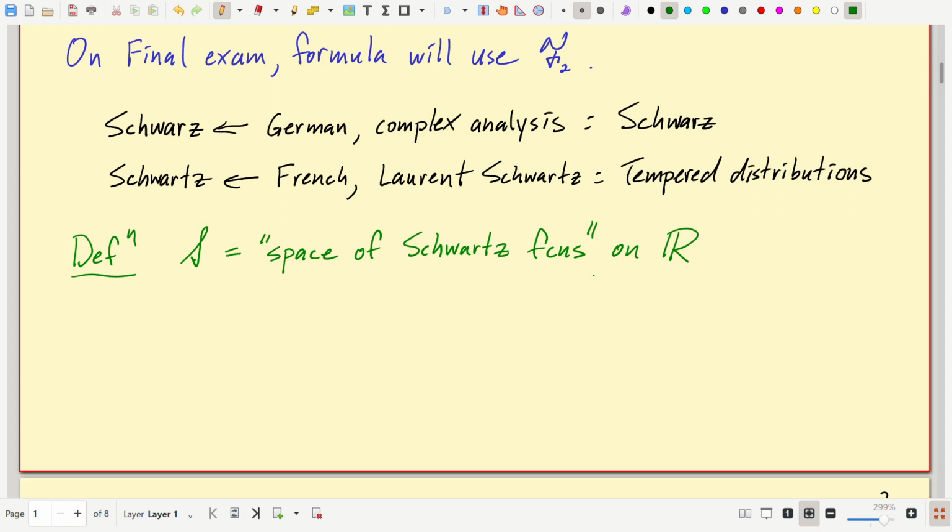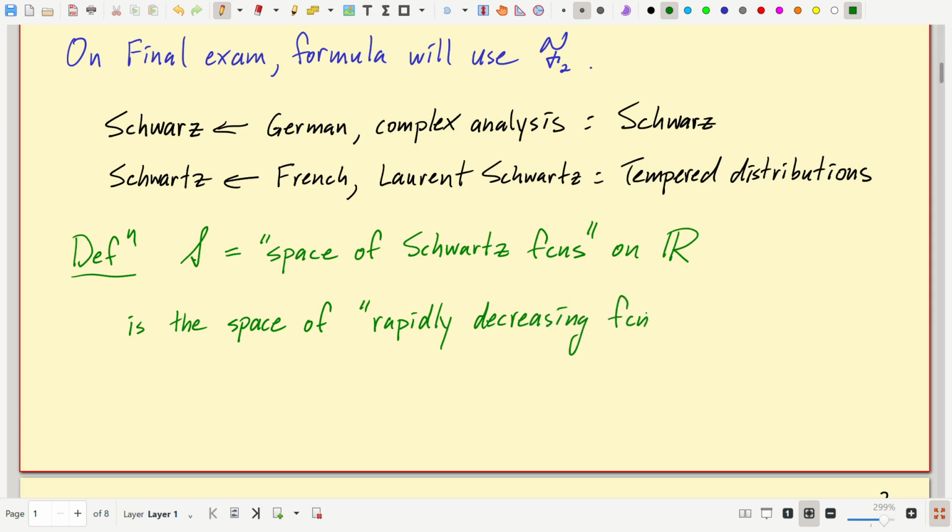And it's the space of rapidly decreasing functions at infinity. Sometimes it's called that. It's the space of, and you'll see how, rapidly decreasing functions.